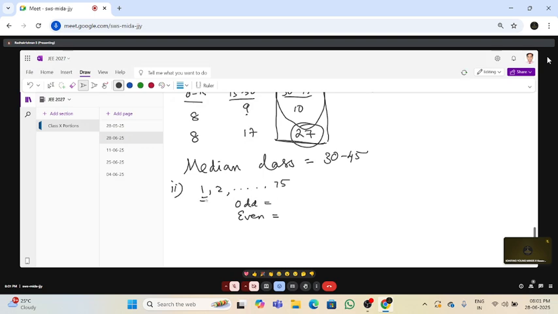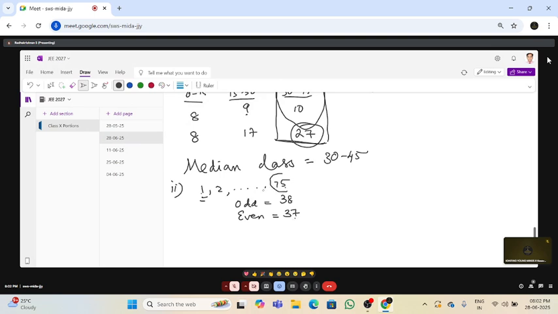Starting with 1, which is odd, and ending with 75. 75 divided by 2 is 37. So there are 37 even numbers and 38 odd numbers. Right? So you can check it out. From 1 to 75, there will be 38 odd numbers and 37 even numbers.